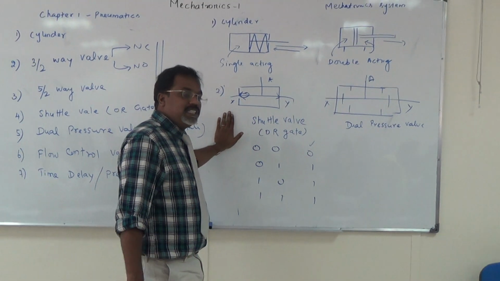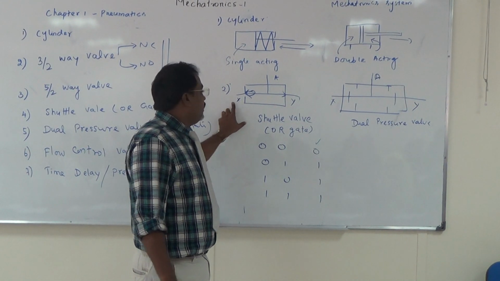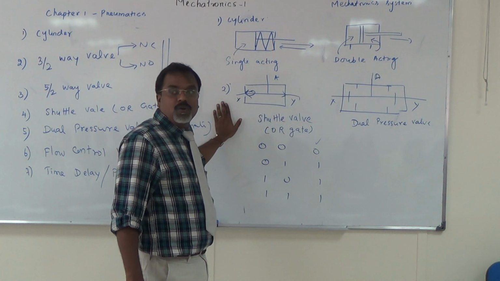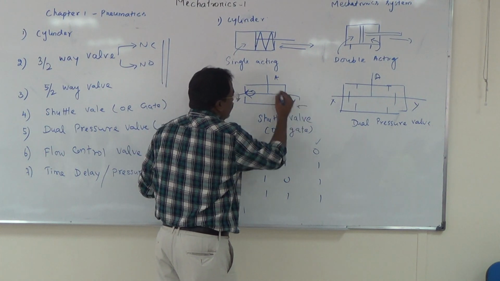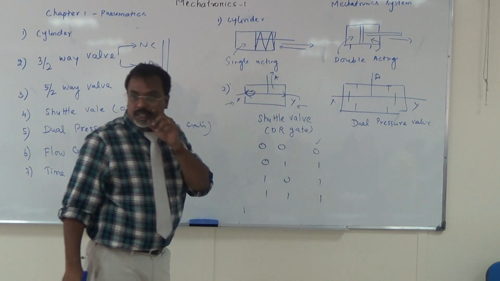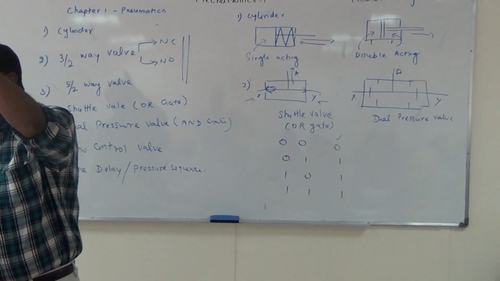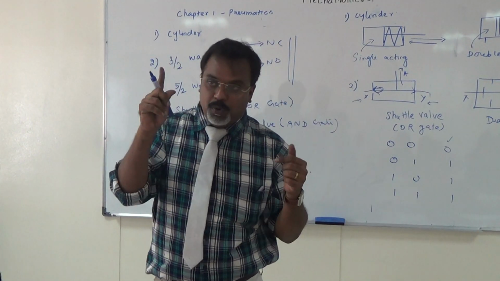The same logic you can do by using some valves. See that there are two inputs, X and Y. When you give air either on this side or this side, you will get output. Understand? So for the OR gate shuttle valve, you have to give at least one input.